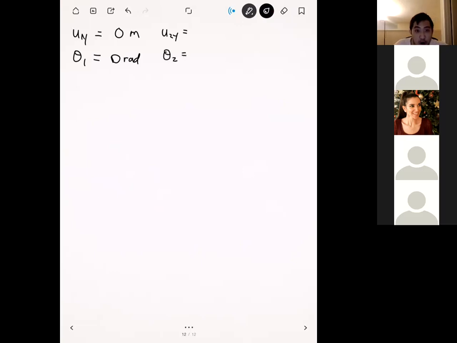All right, U2y here is going to be minus 0.02 meters. Theta 2 is going to be minus 0.012 radians. U3y is going to be minus 0.0638 meters.